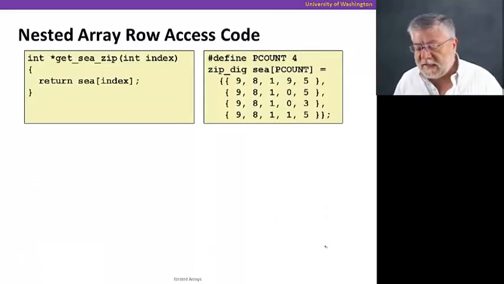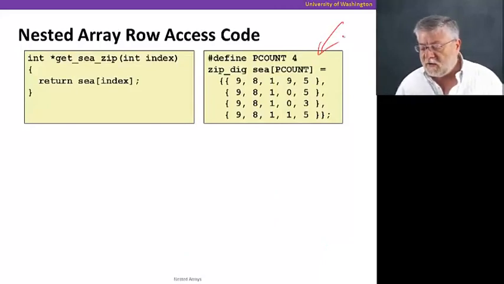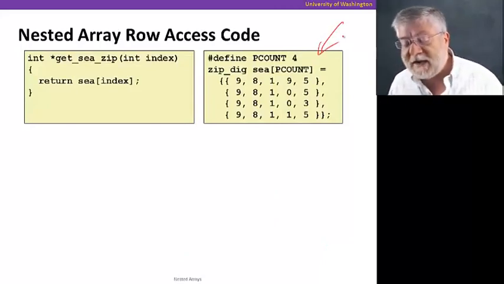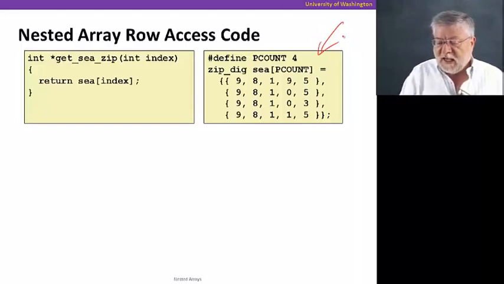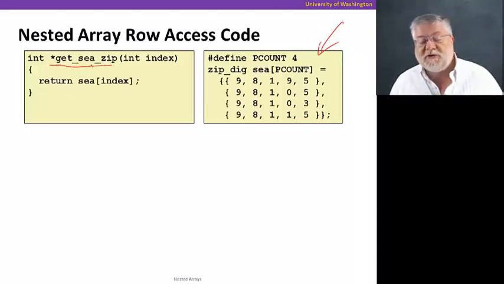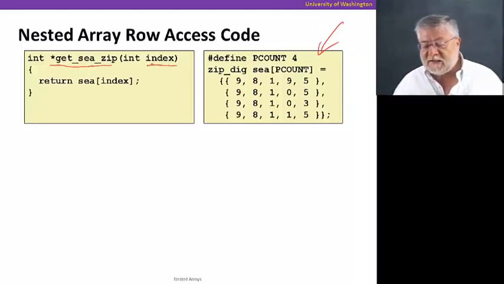Okay, so let's take a look at an example here. Here's our array again that we saw earlier, a 4 by 5 array of 4 zip codes of 5 digits each. And we have here a little procedure that returns a pointer to an integer, given an index as an argument.